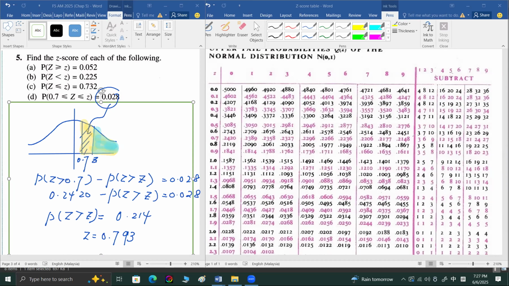Extra of 8, so we choose the nearest one. So we got 0.79 extra of 8 here. We don't have 8, that's why we choose 9. And then you get this, 0.793. See? 0.793.